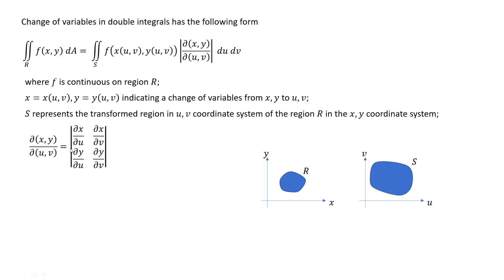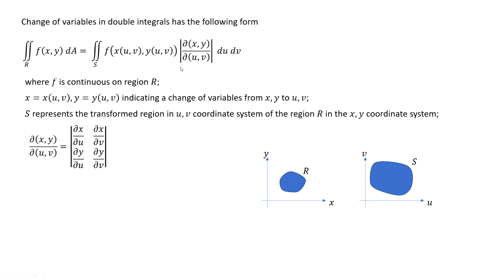You really have to sort of memorize this. So this is the Jacobian, and it is the equivalent of dx du in 1D. But here, because we have two variables, we have to use this Jacobian.